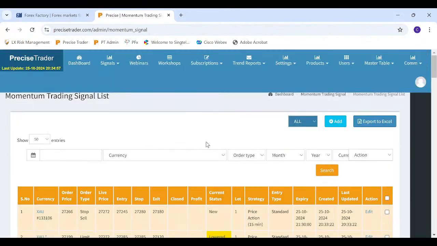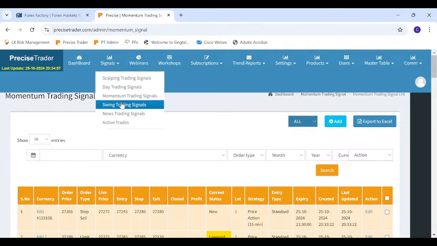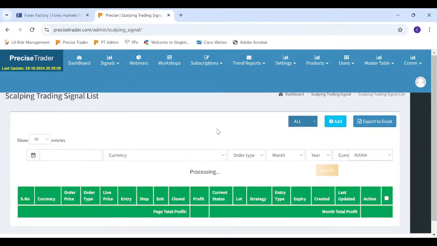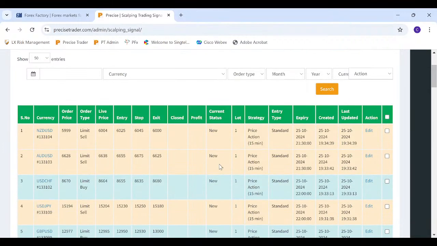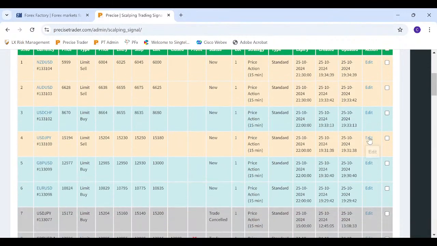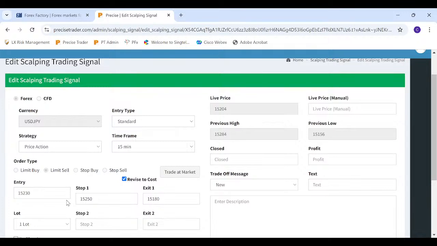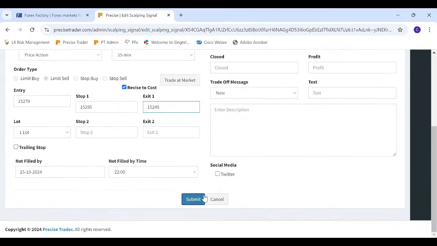Now our sentiment has changed. This one I think we better revise it to 70 and 55 40.